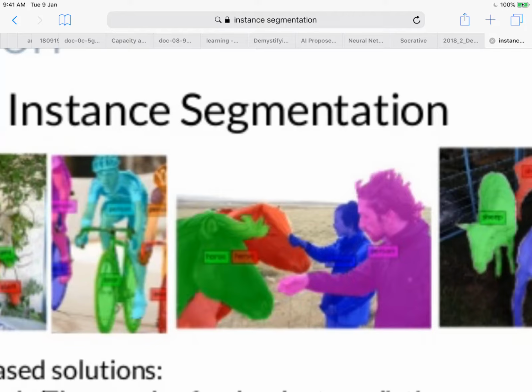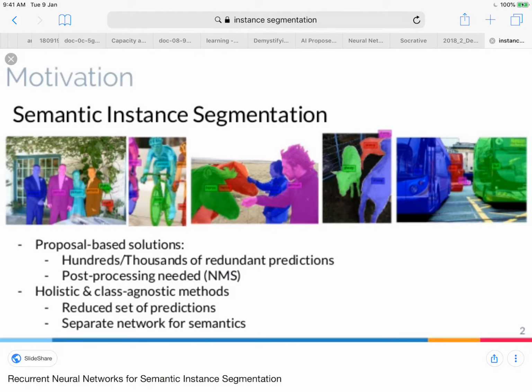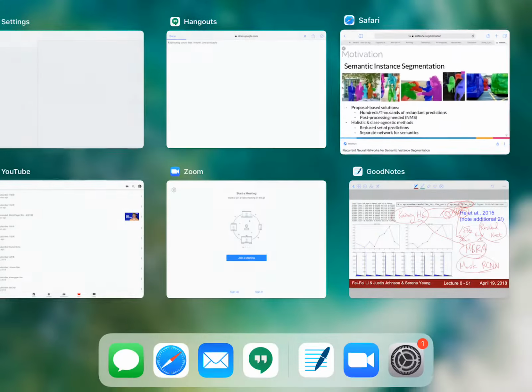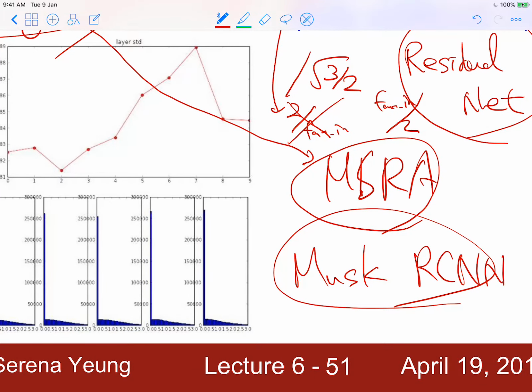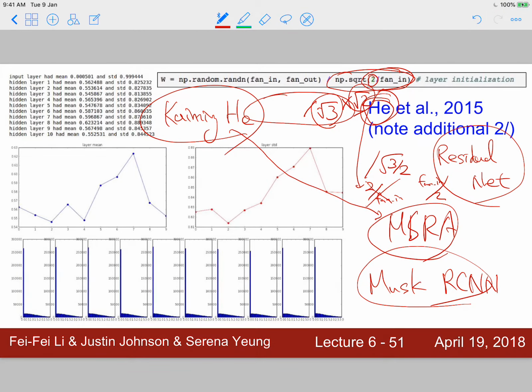This is called instance segmentation. This task is also done by an advanced architecture of convolutional neural nets. One of the state-of-the-art methods for instance segmentation is called Mask R-CNN, which was also invented by Kaiming He.